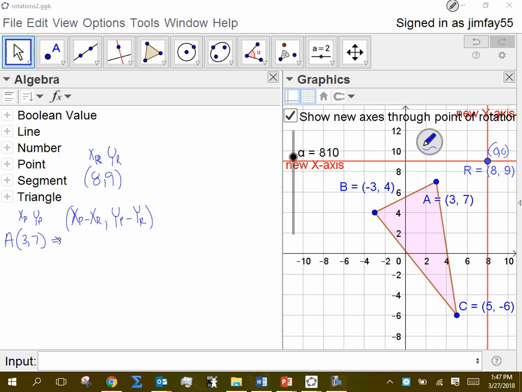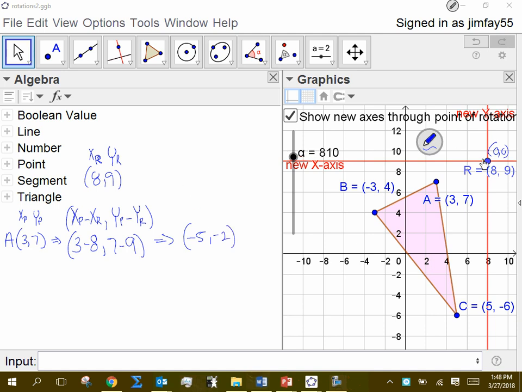Can I take 3, 7, where X of P is 3, minus X of R, which is 8, comma Y of P, which is 7, minus Y of R, which is 9? Does that end up giving me -5, -2?